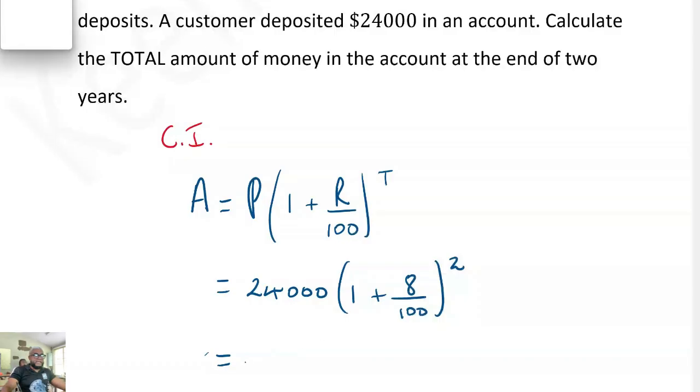So when you work on this, you get 27,993 and then press the S-D button and you get the decimal, 0.60. So that's 60 cents. This is the total amount in your account after 2 years.